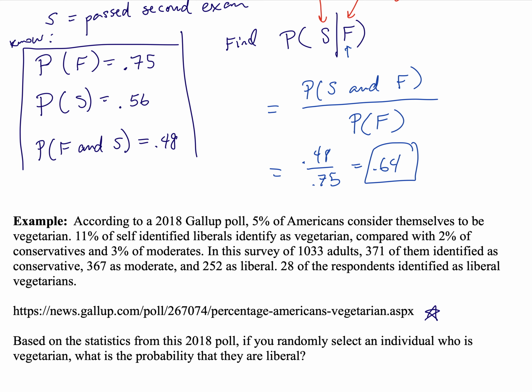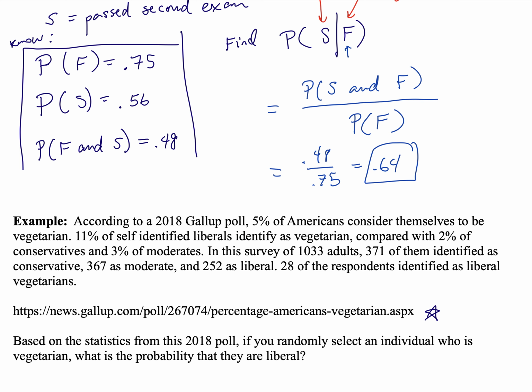In the survey of 1,033 adults, 371 of them identified as conservative, 367 as moderate, and 252 as liberal. 28 of the 1,033 respondents identified as liberal vegetarians.